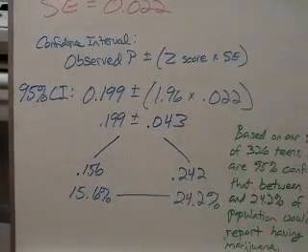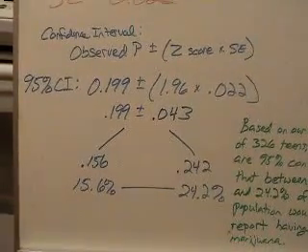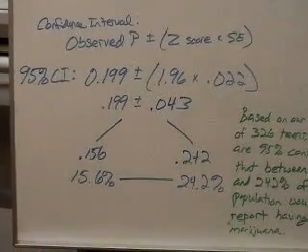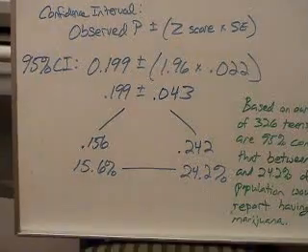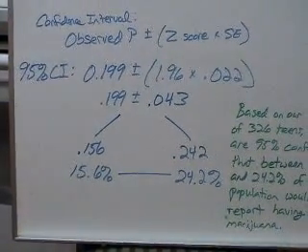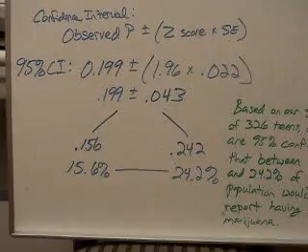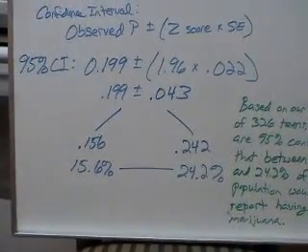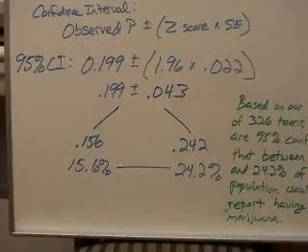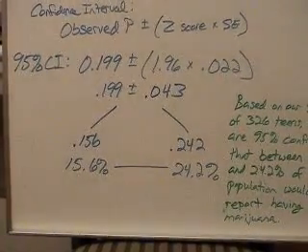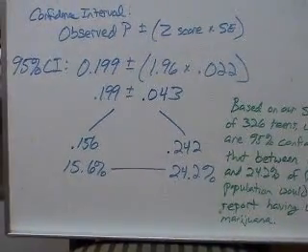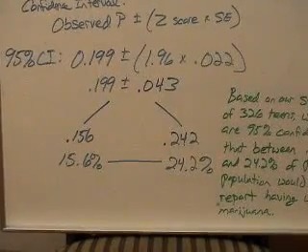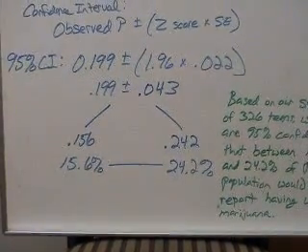If we're looking at a 95% confidence interval, we take our observed proportion, 0.199, and add or subtract 1.96, that's your z-score for a 95% confidence interval, times 0.022, our standard error. So 0.199 plus or minus that product of 0.043. If you subtract 0.043 from 0.199, you get 0.156, and if you add it to 0.199, you get 0.242.